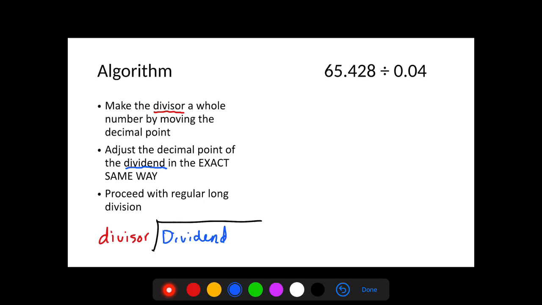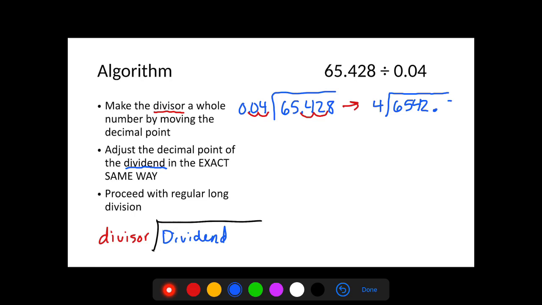So here we go. This problem, 65.428 divided by 0.04. Well, my divisor, I'm going to move the decimal point 2 places to the right, 2 places to the right. This becomes the problem 6,542.8 divided by 4.